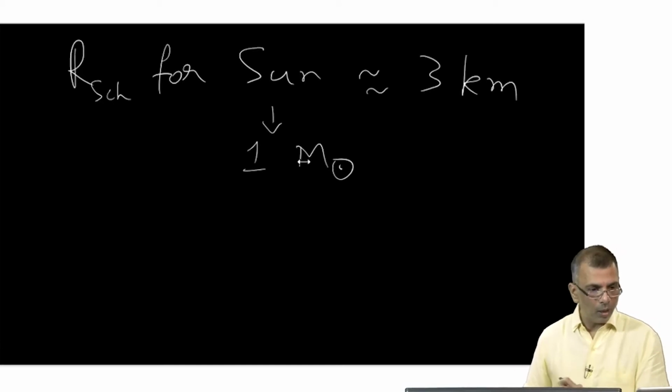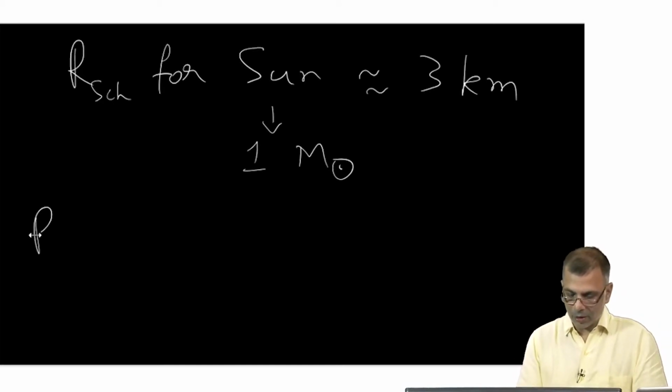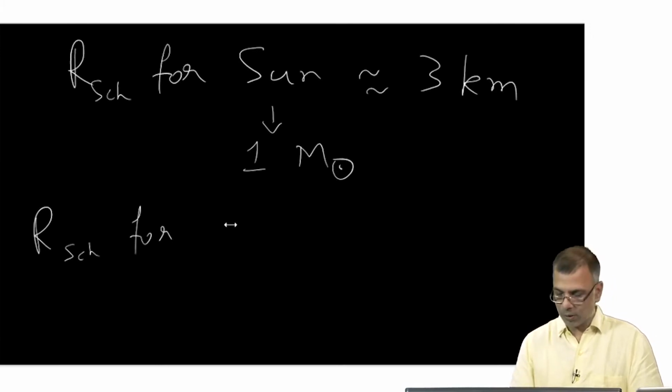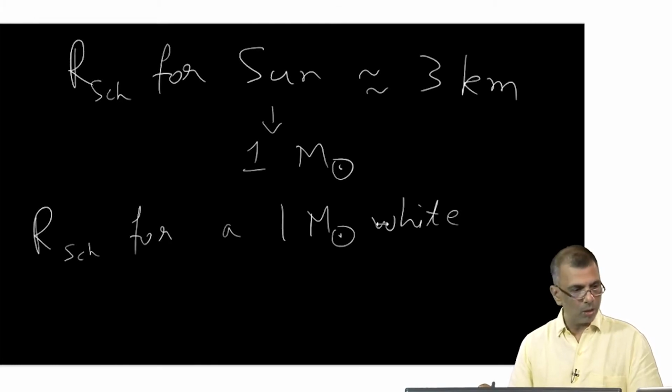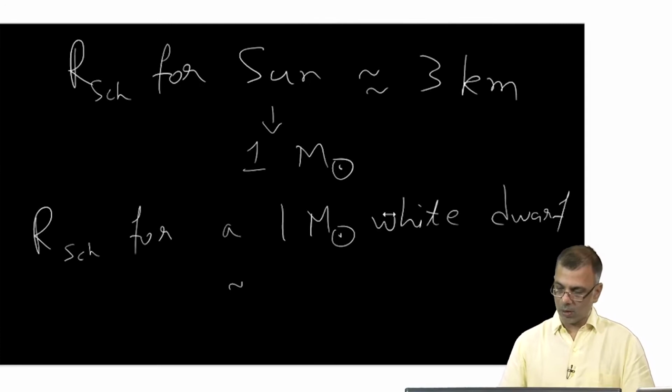However, the R Schwarzschild for a white dwarf, or a neutron star, is something like 3 kilometers.